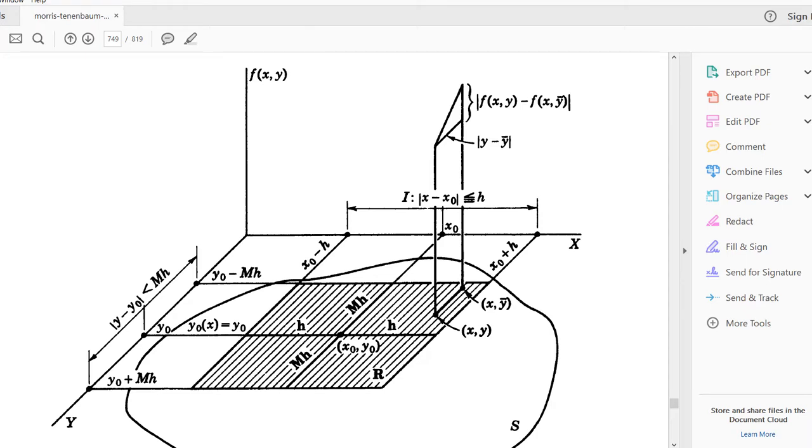Here's the picture, right? See that R that's shaded? Notice that's within S.